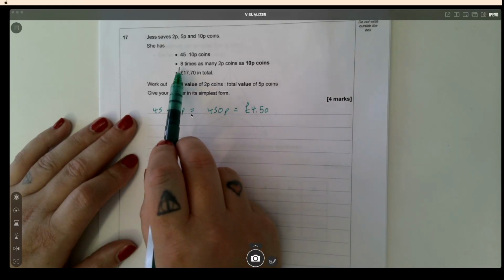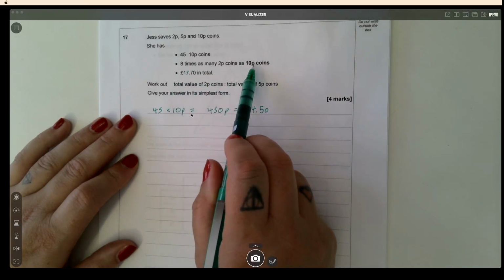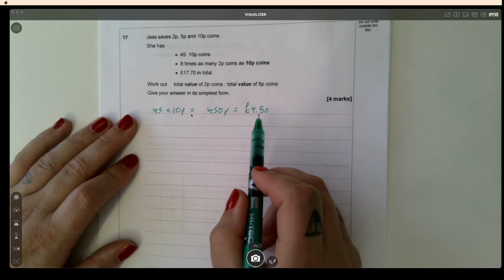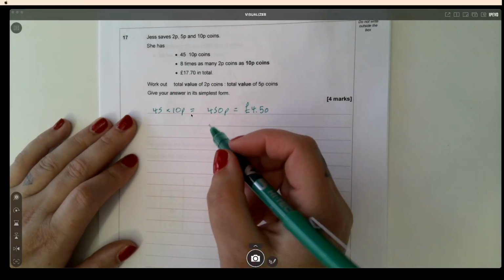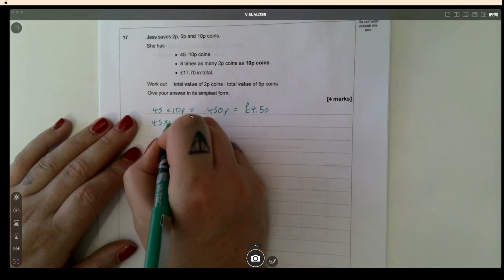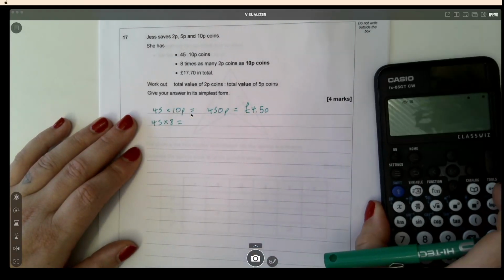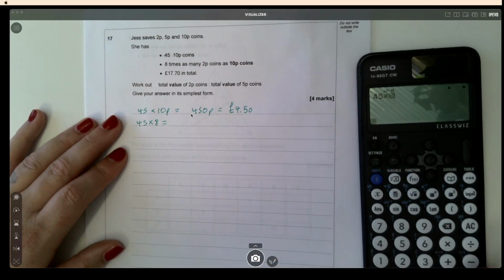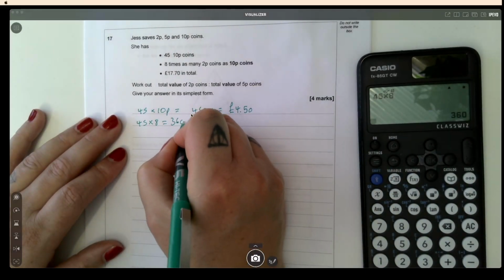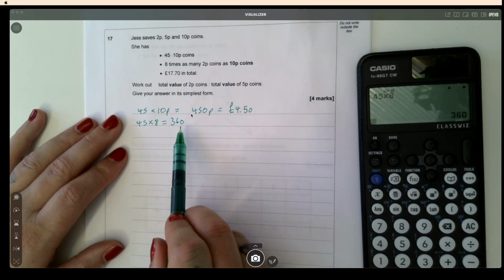She has 8 times as many 2p coins as 10p coins. So if she's got 45 10p coins, 45 times 8. Remember, it's a calculator paper. Is 360. So Jess has 360 2p coins.